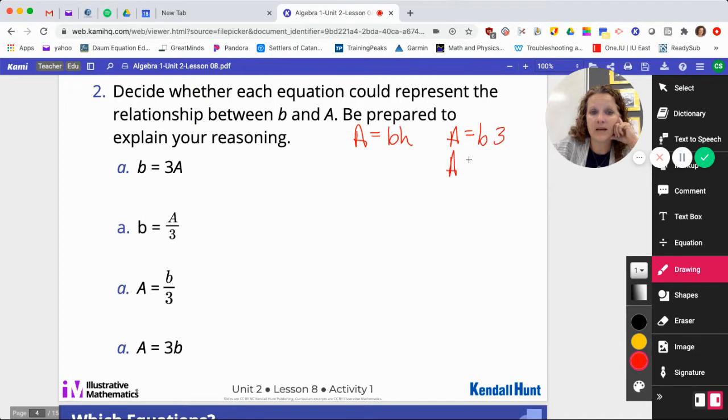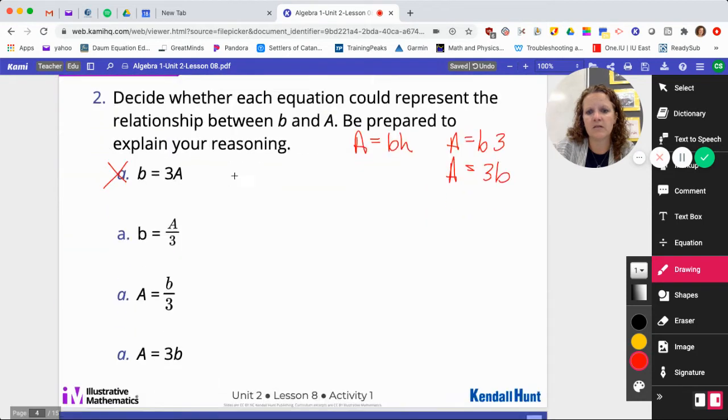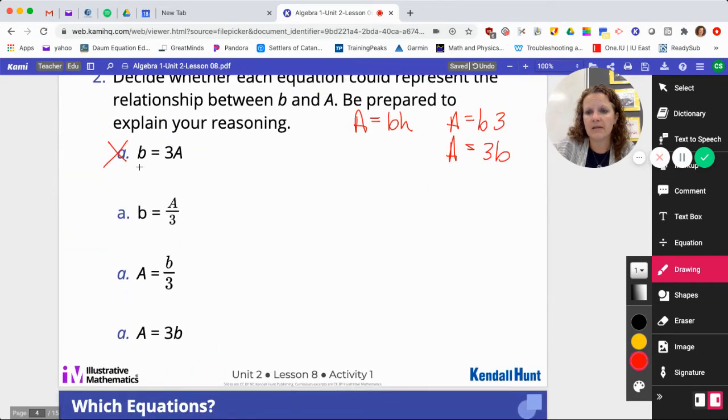So area times 3 equals base does not work. And we could just grab one of these values up here. If I do that first one, base is 1, area is 3. If the base is 1 and the area is 3, is that an equivalent equation?